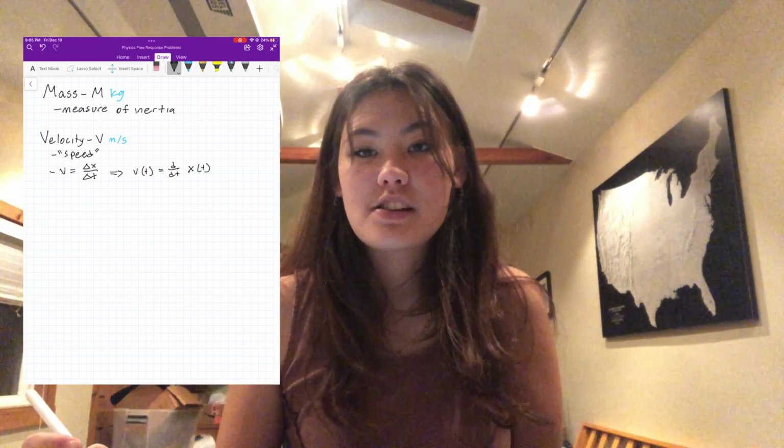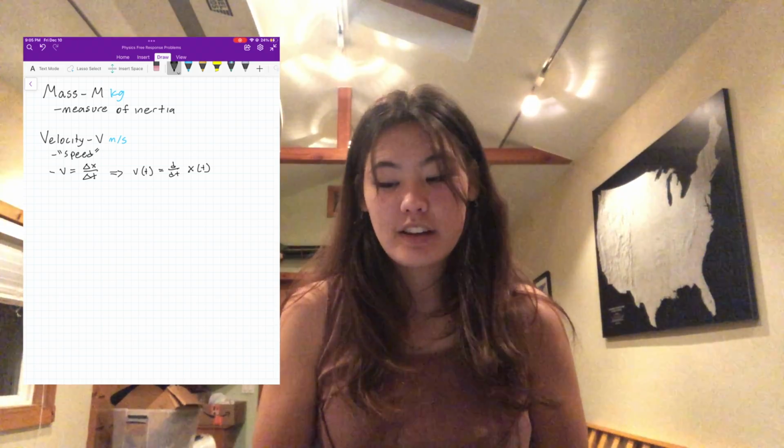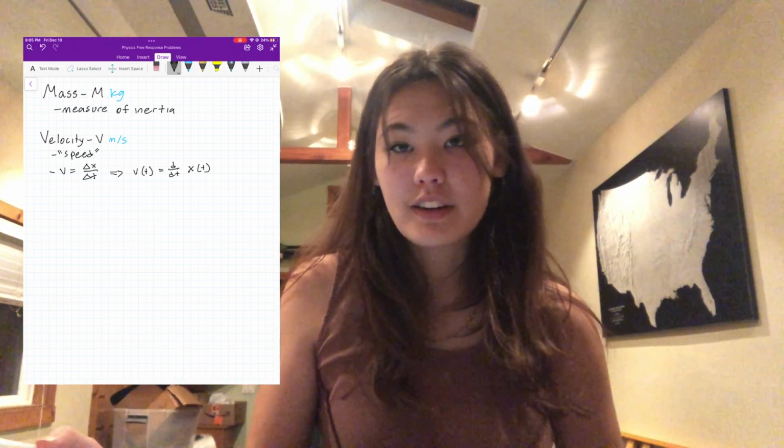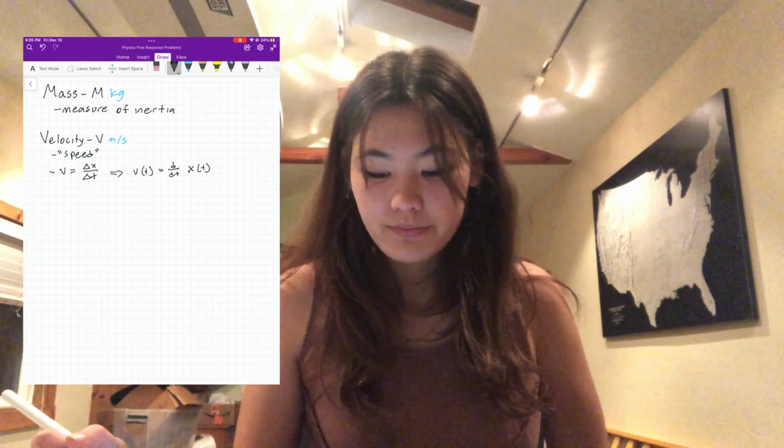Velocity is essentially an object's speed with added direction, so that means that it is a vector and it possesses both direction and magnitude.